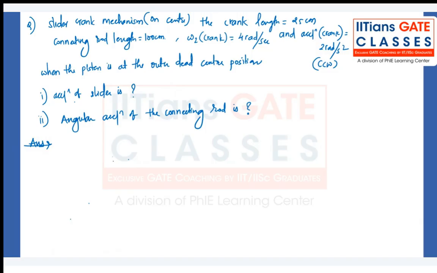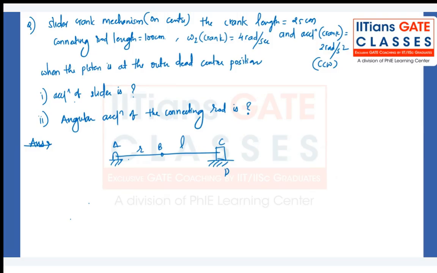So basically this is the sum situation. We have R, we have L. This is the connecting rod and crank, A, B, C, D. The crank length is 25 centimeter, that is R is equal to 25. Connecting rod length L is 100 centimeters.